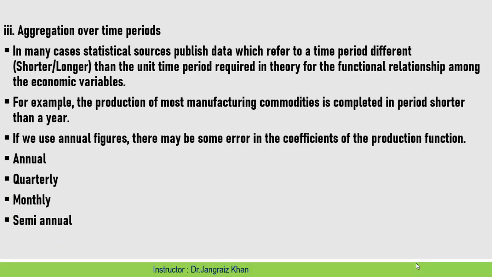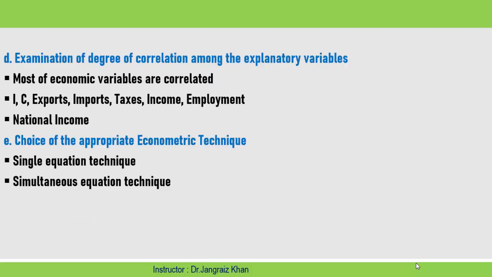Then we transform the shorter period into longer, or longer into shorter. For example, we can change monthly data into annual data. So proper care should be taken while transforming monthly data into annual data, or monthly data into quarterly or semi-annual data.